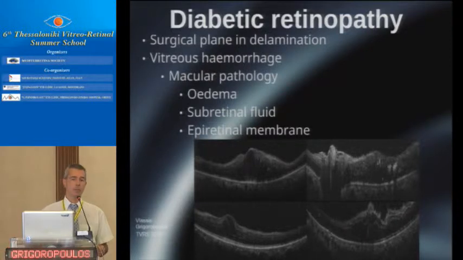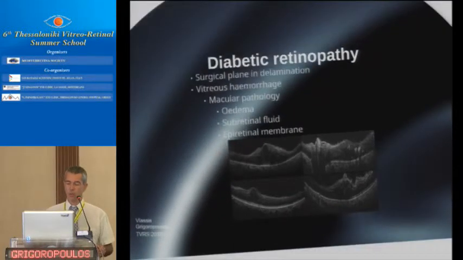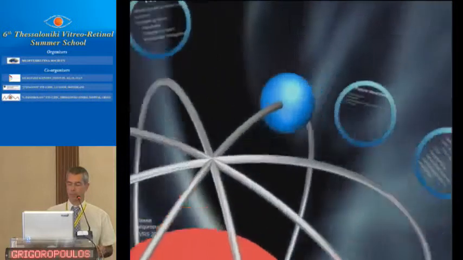If you had intraoperative OCT, you could check the fovea right in theater and see, is there any edema on the fovea? Is there any subretinal fluid? Is there any epiretinal membrane? And you can deal with them on the spot. Either you peel off the epiretinal membrane, or if you need, you do some anti-VEGF injection at the end of surgery. So in a week, the patient sees much better. So that's what I'm talking about, individualized care during surgery with intraoperative OCT.